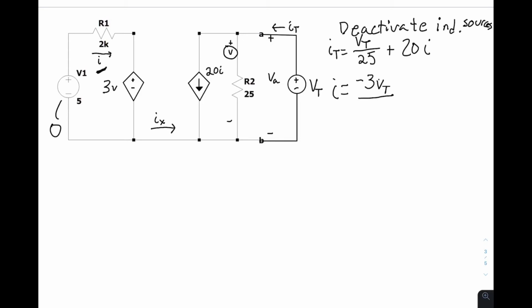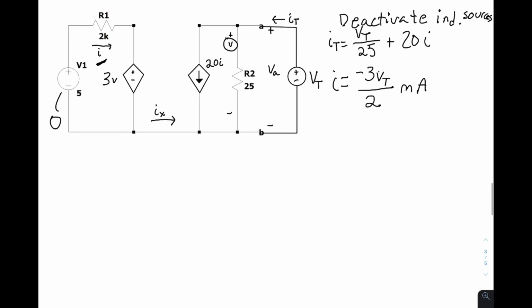In this case, we'll just write 2, so we'll have our answer in milliamps. And we use VT here because our test voltage is in parallel with R2, so it's going to have the same voltage in parallel, which is V, and that's our control voltage for our dependent source.